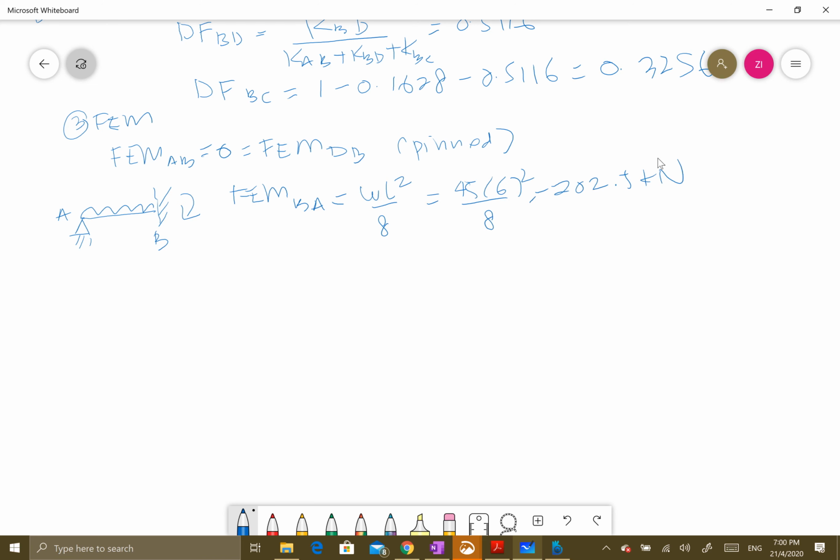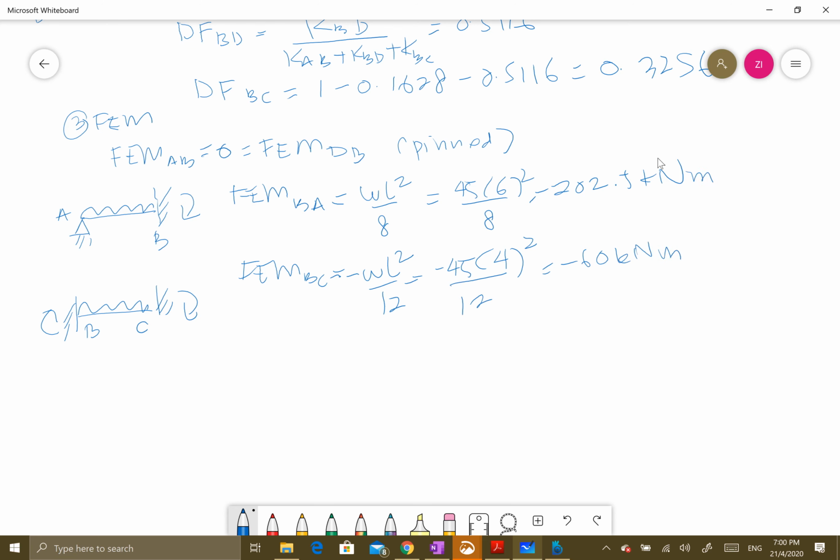And then for BC, FEM BC equals to negative WL square over 12. So you will get it as negative 45 square over 12. So we get it as negative 60 kilonewton meter. And FEM CB equals to positive 60 kilonewton meter. Okay.